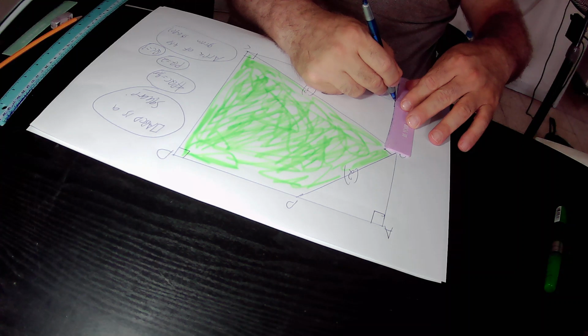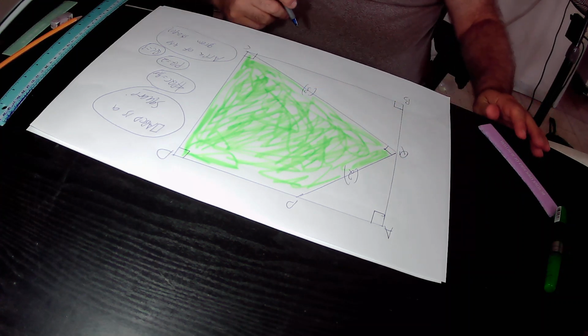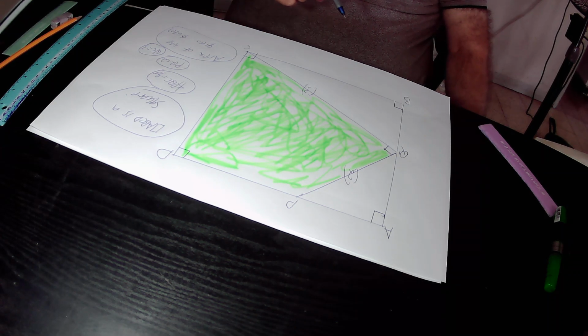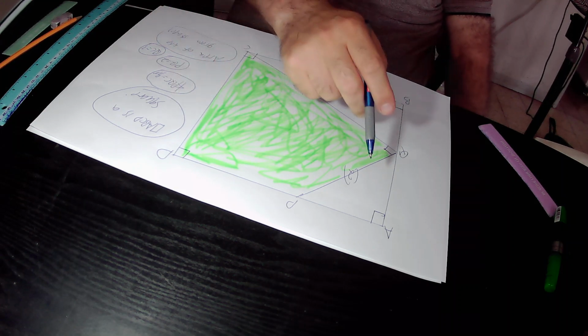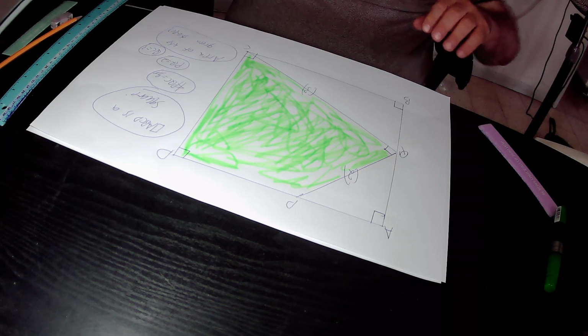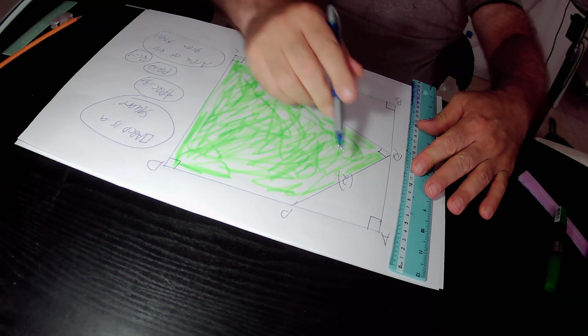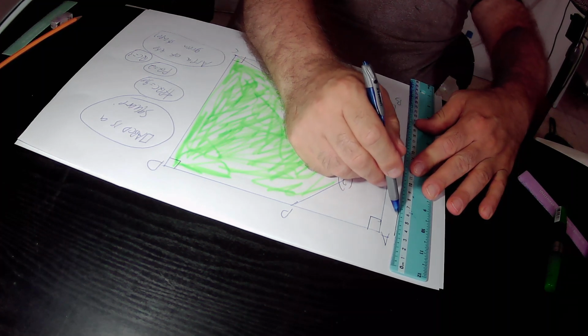We know that all the sides of any square are equal to each other. So we will define one side of this square as A. Therefore, we get that AB equals BC equals CD equals DA equals A. So this is side AD, that is equal to A units in its length.